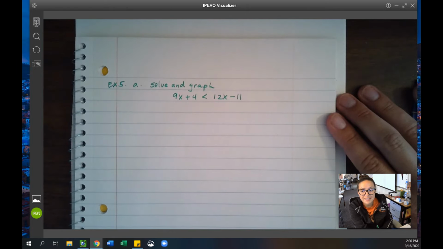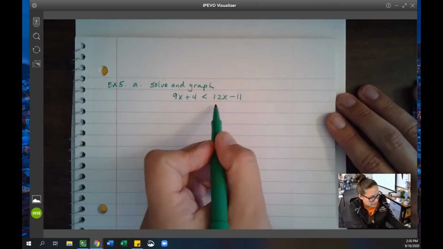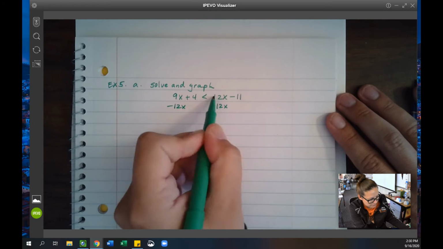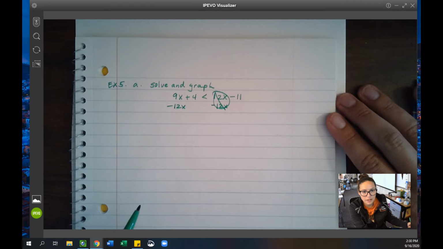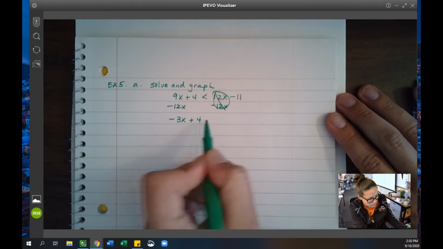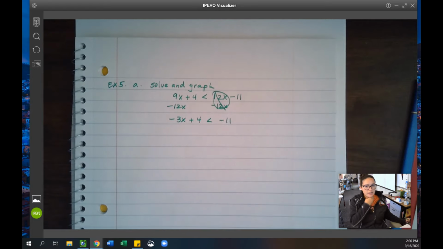How is this different? This is an inequality. So I'm going to subtract 12x from both sides. That side goes away. I'm left with negative 3x plus 4 is less than negative 11.